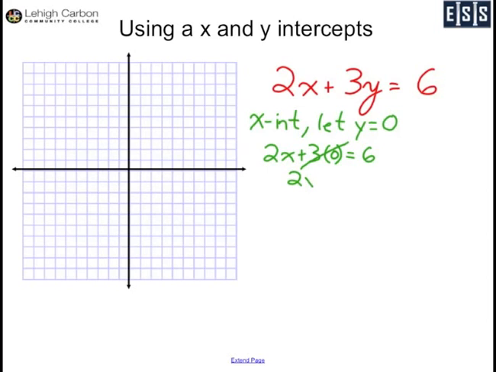So I have 2x equals 6. Divide by 2. x equals 3. So my x-intercept is (3, 0). I'm going to plot that point on my x-axis at (3, 0).